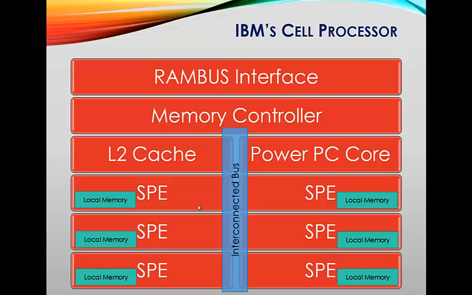The regular PowerPC, or the core of this processing unit in the cell, acts as the interface between the streaming processors and the outside world.